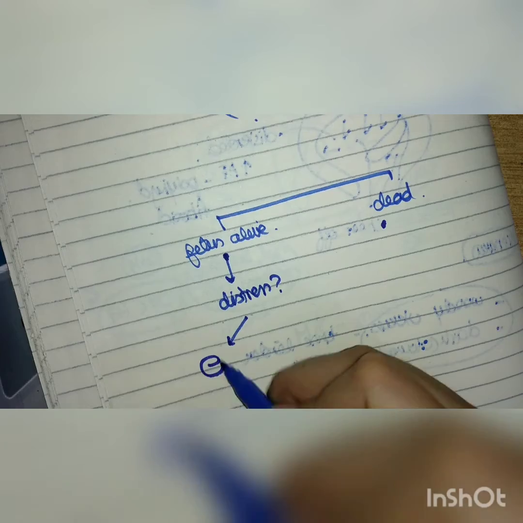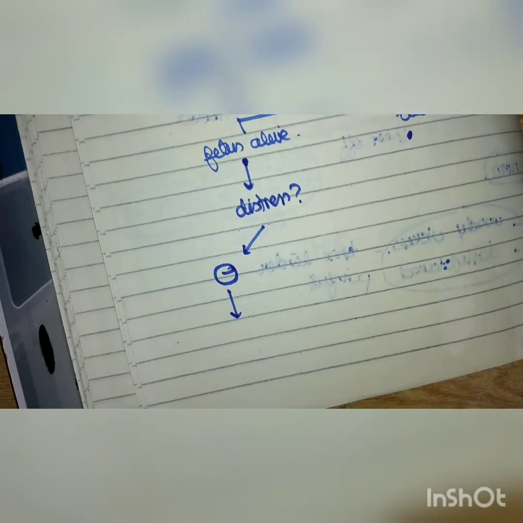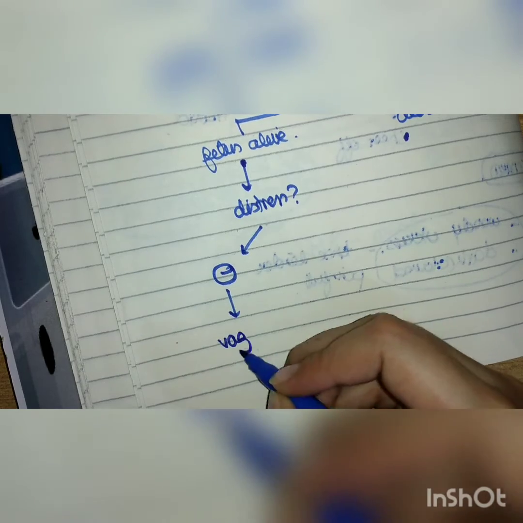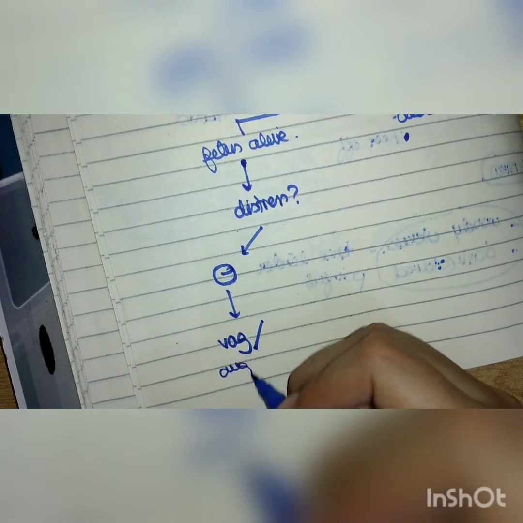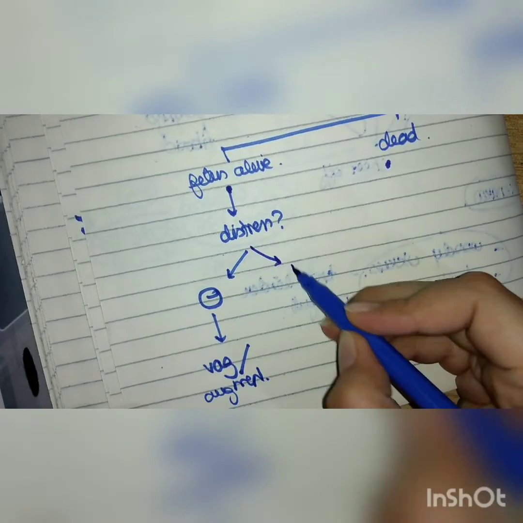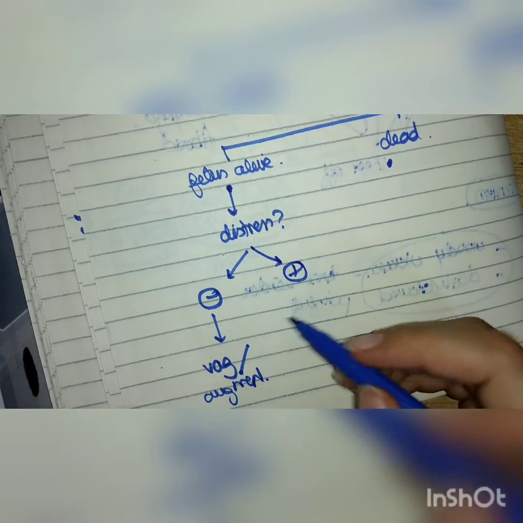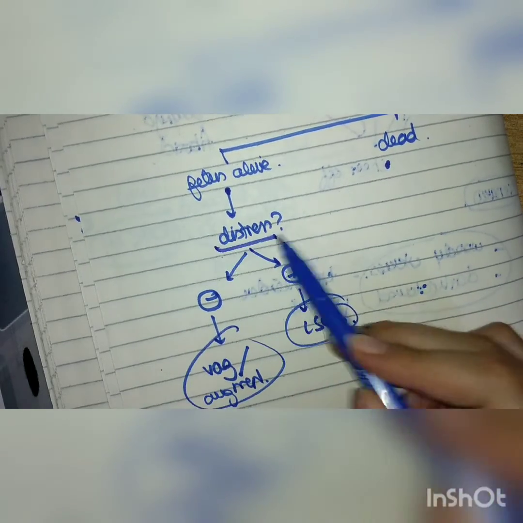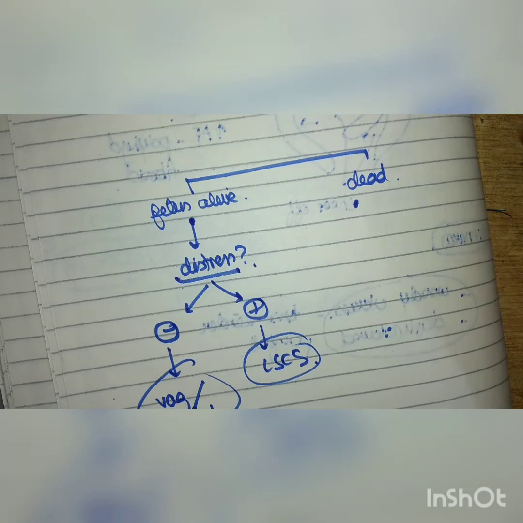If the fetal distress is not there, the fetus is normal, healthy and no distress, then you are going to do a vaginal delivery. You can also augment the labor if you want to, if it is getting prolonged. And if distress is present, then in case of distress you are going to do a lower segment C-section always. So it depends whether the fetal distress is present or not.